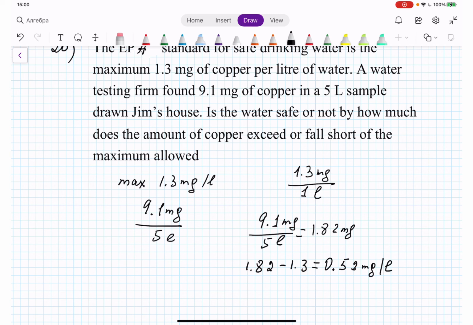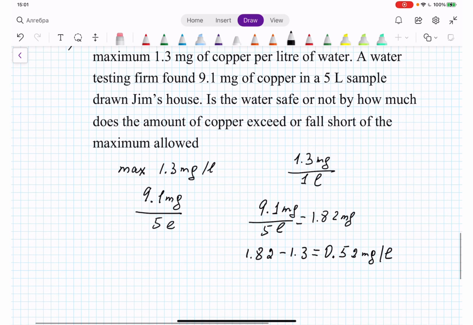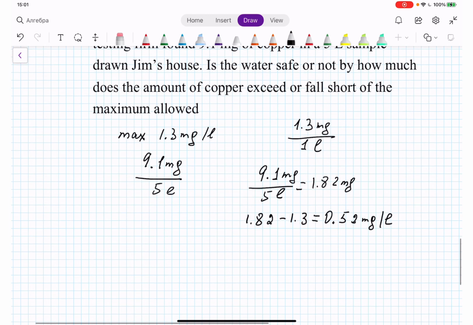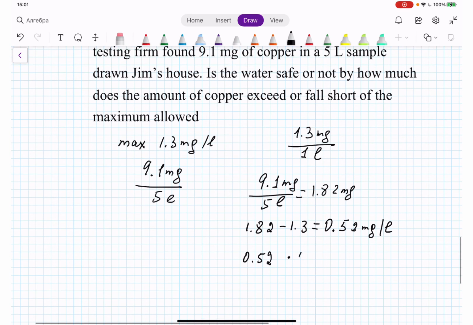But instead of 1 liter, we have 5 liters, right? So to find out in 5 liters how much more than required we have, we take 0.52 and multiply by 5. 5 times 2 is 10, 1 in mind. 5 times 5 is 25, and 1 is 26, 2 in mind.